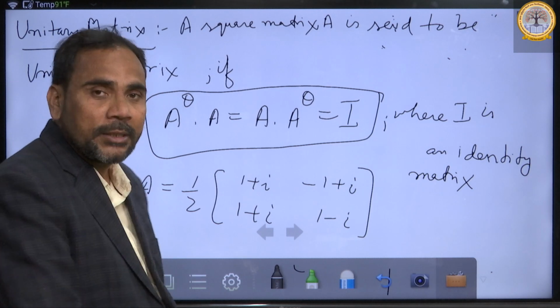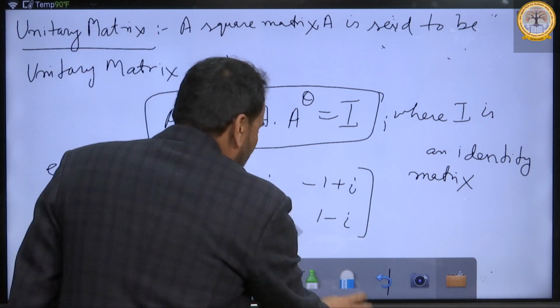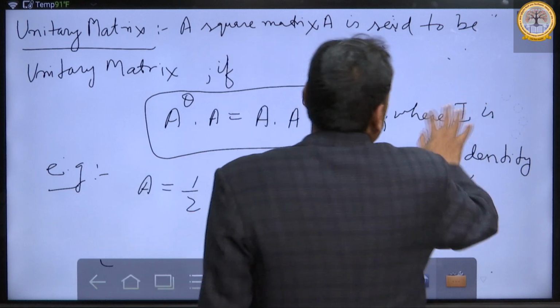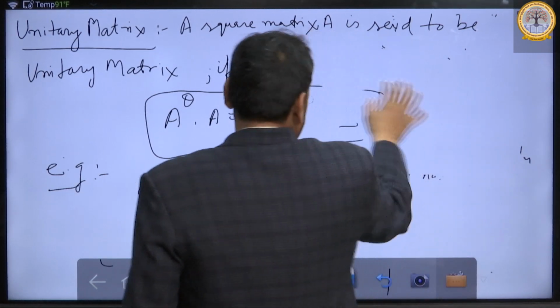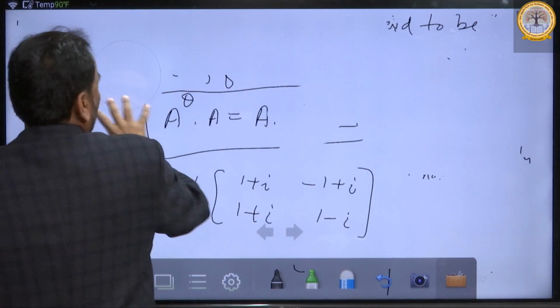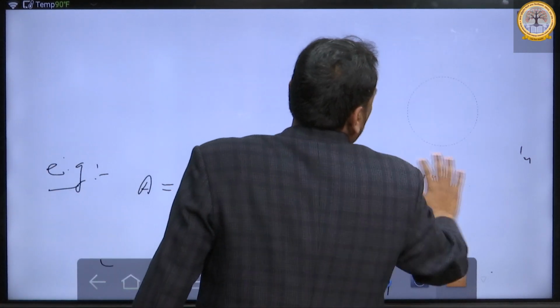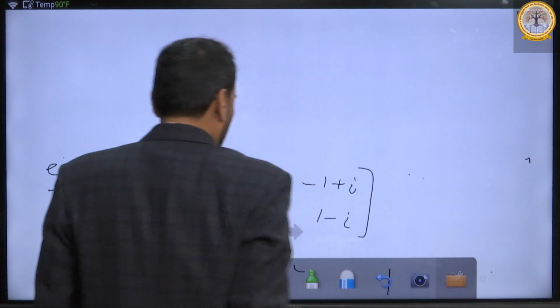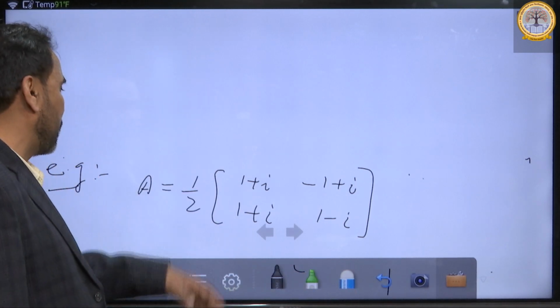We prove that this matrix A is a unitary matrix. So we solve this numerical and show that A is a unitary matrix.